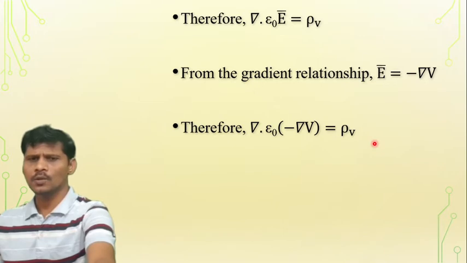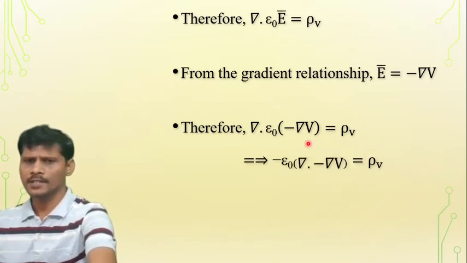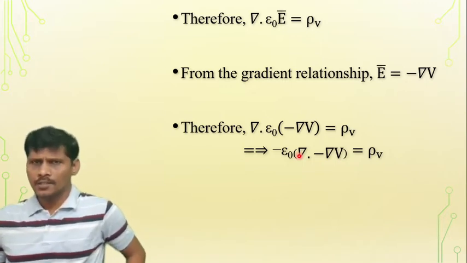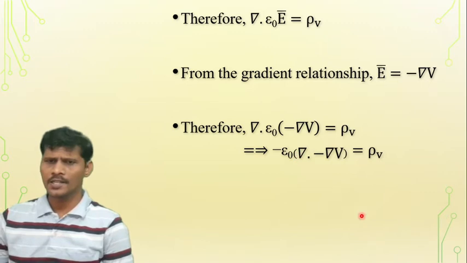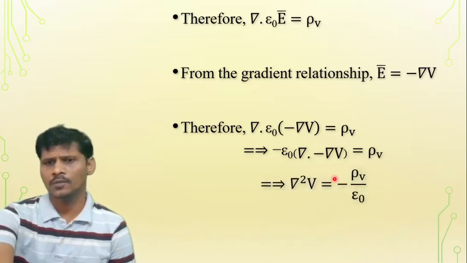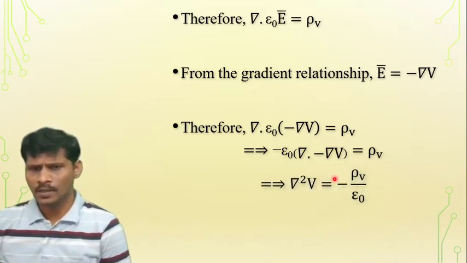This equation may also be written as minus epsilon naught into del dot del V is equal to rho v. Del dot del is del square. So minus into minus gives plus, and del square V is equal to minus rho v by epsilon naught.